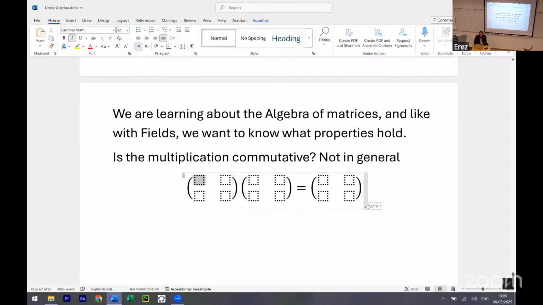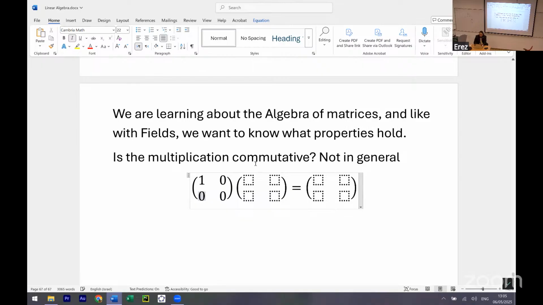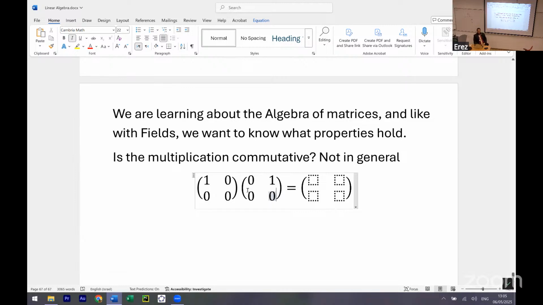Multiply the matrix 1, 0, 0, 0 by 0, 1, 0, 0. Afterwards, I will reorder them and we'll see that we get a different result. So how do I calculate the multiplication? I take the first row and multiply it by the first column.